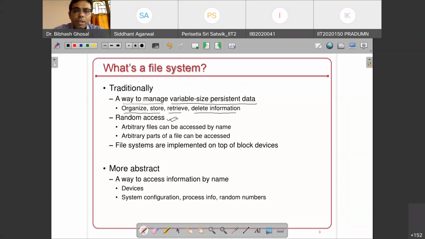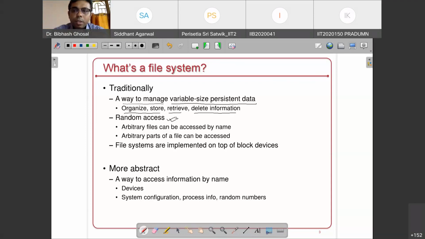The second is that I can arbitrarily access parts of a file. Suppose a file is split up into two to three parts. You may want to access any particular part of that. For example, you are storing some record. You don't want to access the entire record, you want to access only a part of that.